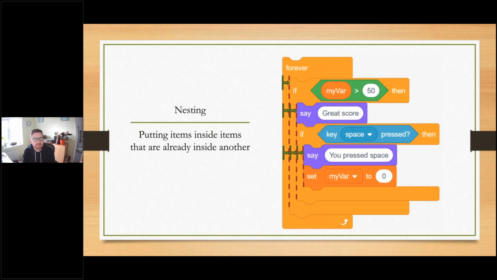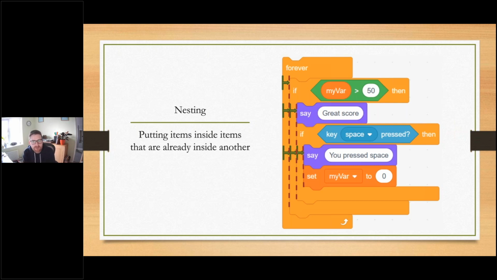So you can sometimes end up with 1, 2, 3 or more tabs going inside each other. And you can see those red lines. You'll end up with bits that aren't the full length going inside. So you can see that second condition is much shorter, where it says if key space is pressed. The indentation of those two blocks inside should be tabbed in basically 3 times.